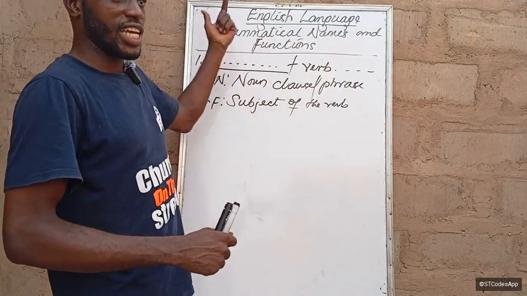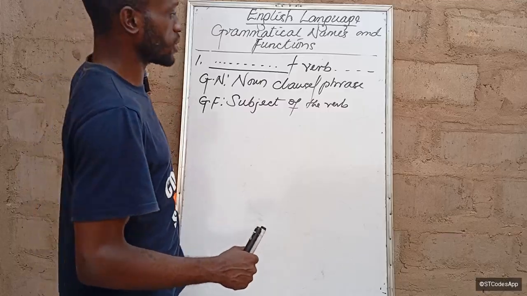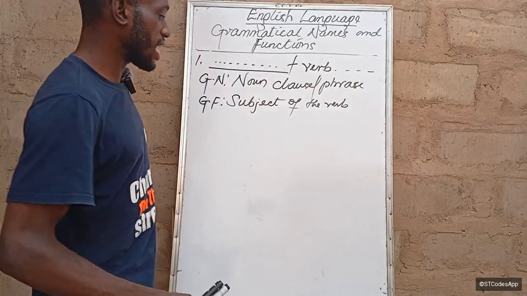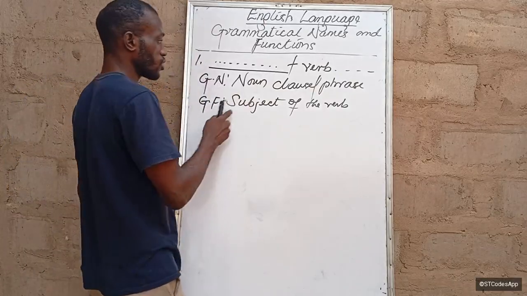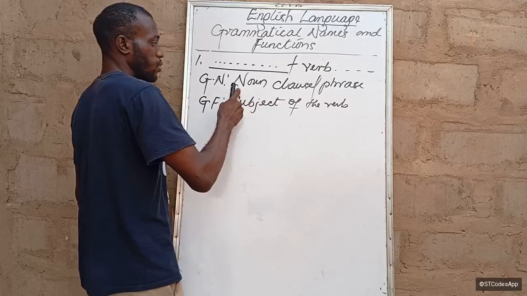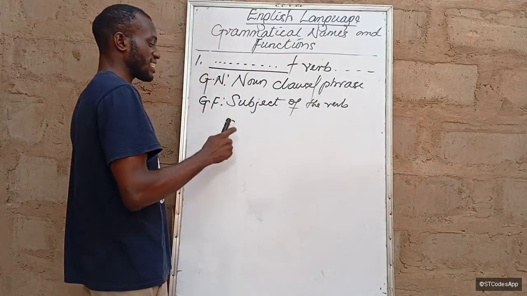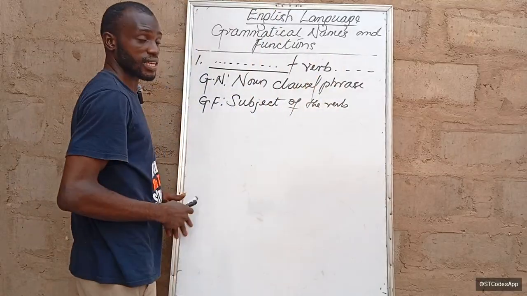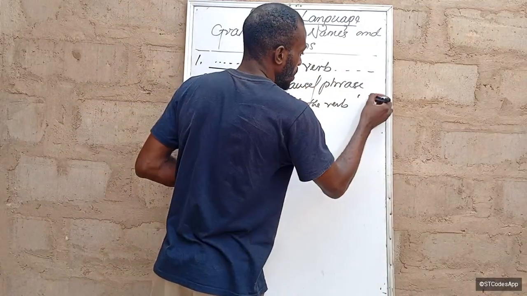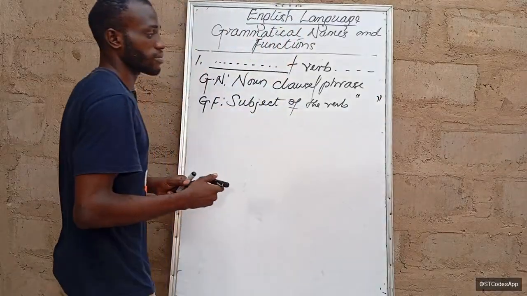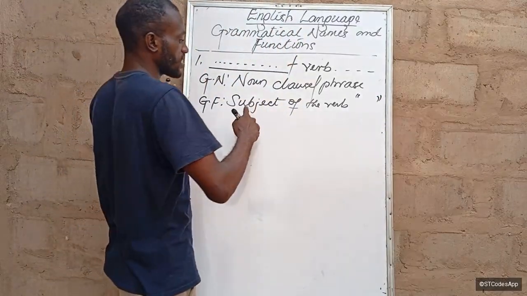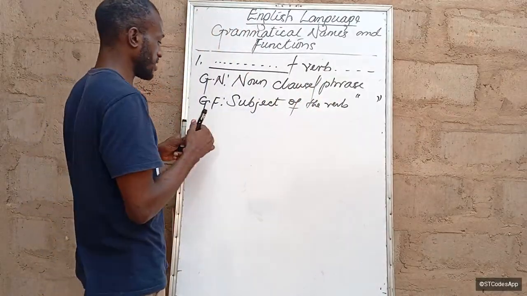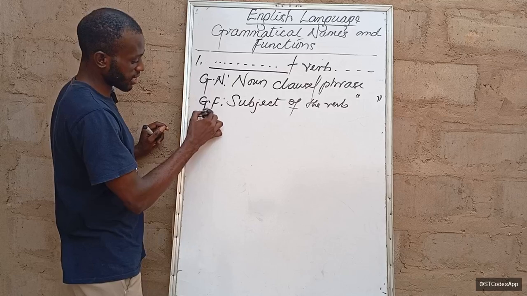Because of that, it will be the subject of the verb. It will be the one doing that verb. Is that clear? So, the function of this underlined structure, which is a noun, phrase, or clause, is that it is the subject of the verb that is here. So you put that verb here in inverted commas or quotation marks. You say it is the subject of the verb you are given. Let's give an example. A sentential example is this.